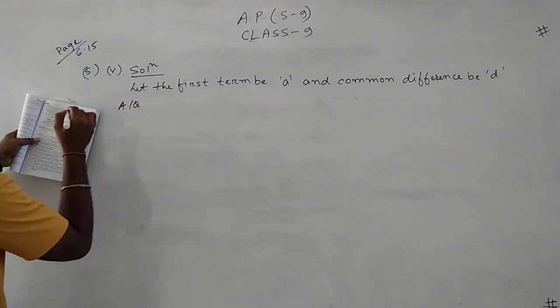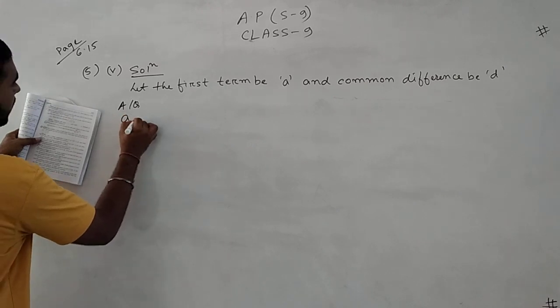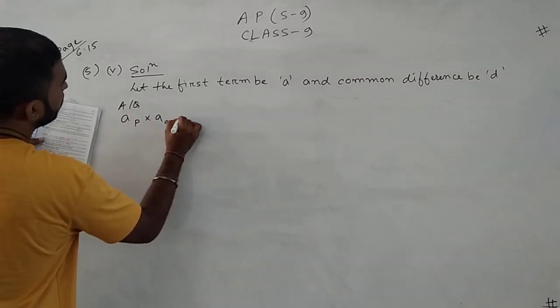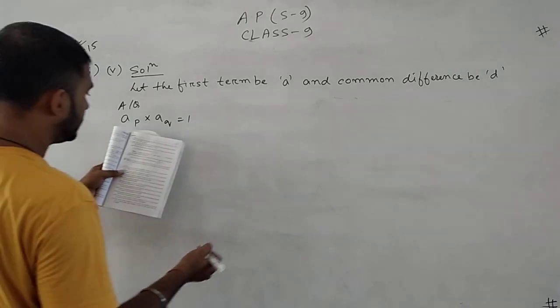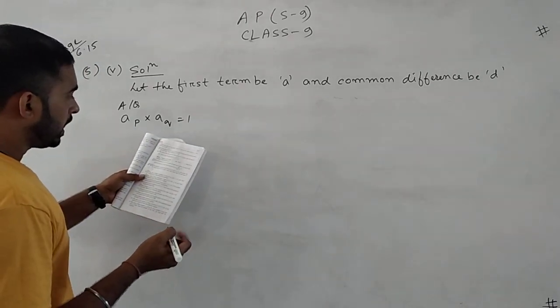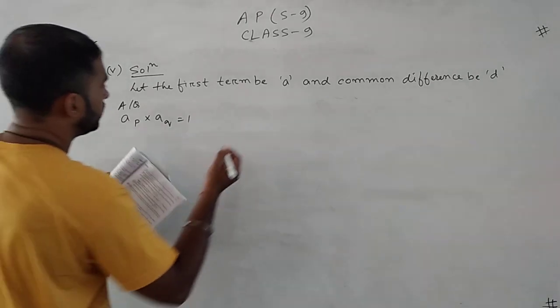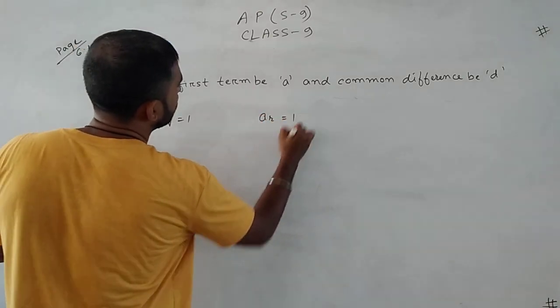The product of pth and qth term, AP into AQ, equal 1, and the second one is the rth term is 1.